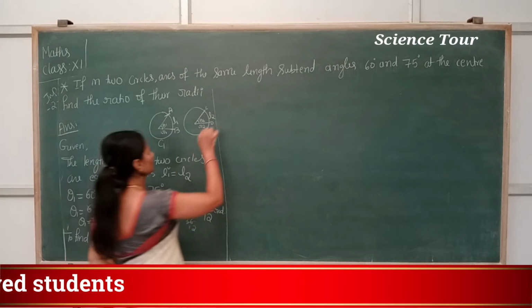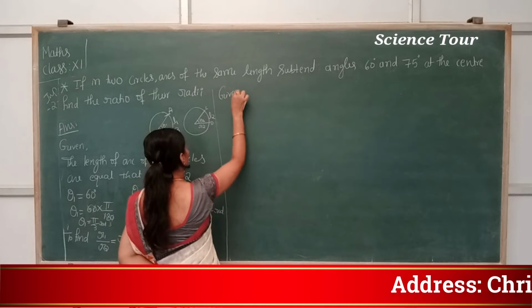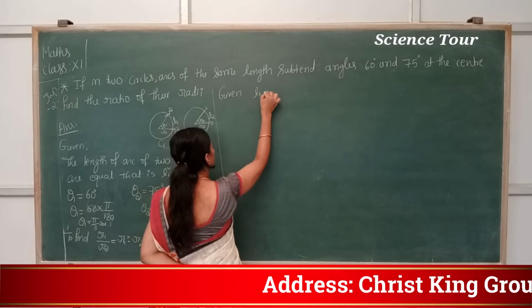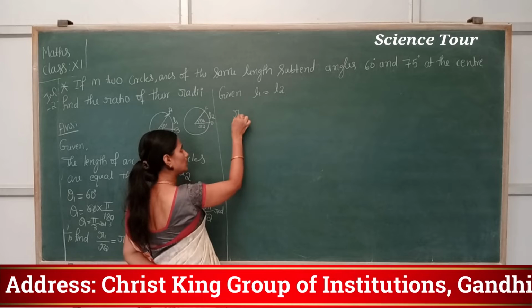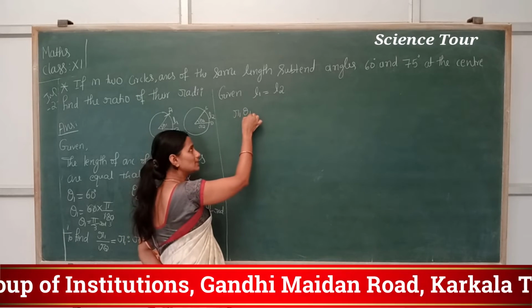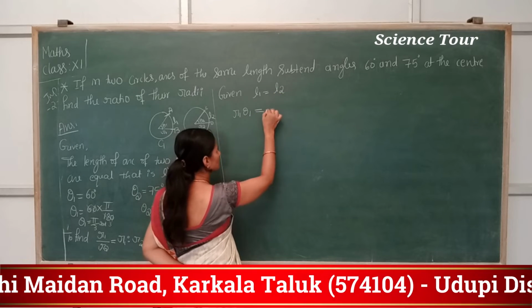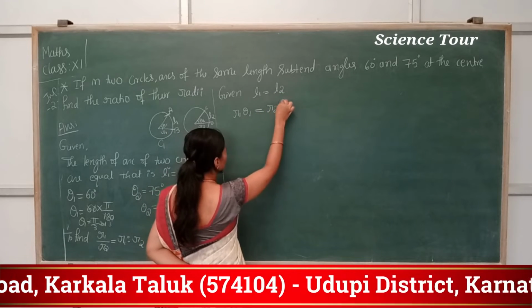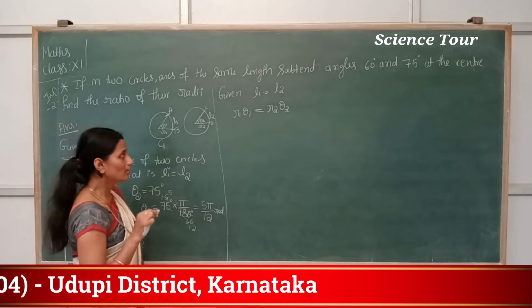So now substitution. So using formula, given L1 is equal to L2. What is L1? Length of arc of first circle is R1 theta 1 is equal to length of arc of second circle is R2 theta 2. Now what I need?